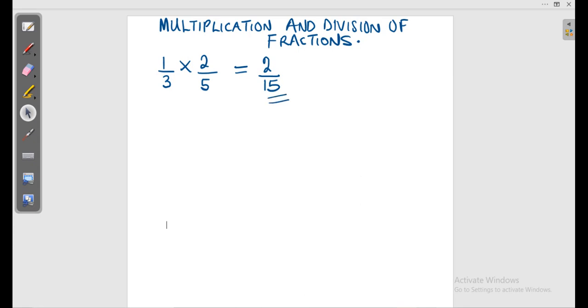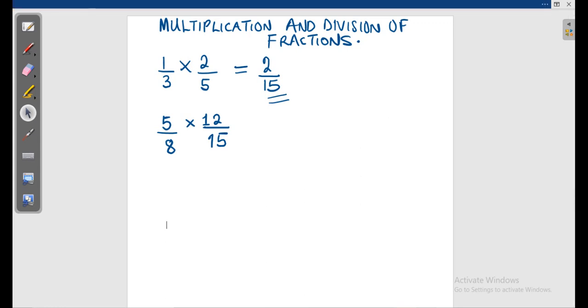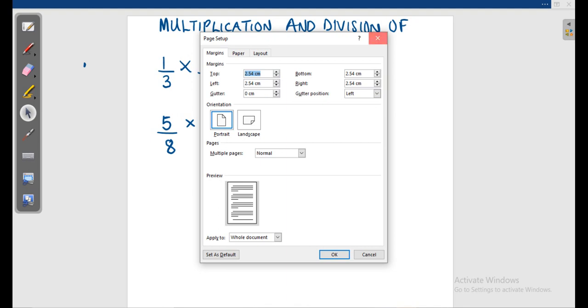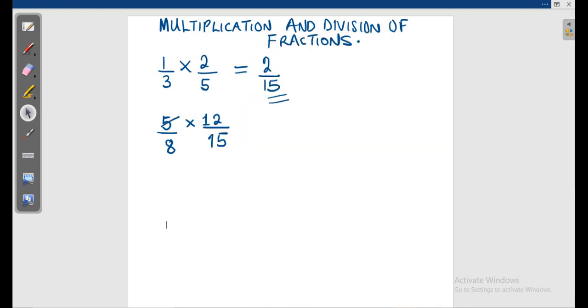Let's try another question, which says 5 over 8 times 12 over 15. Now, you can cancel this out diagonally. How? Now, we can say 5 here 1, 5 in 15, 3.